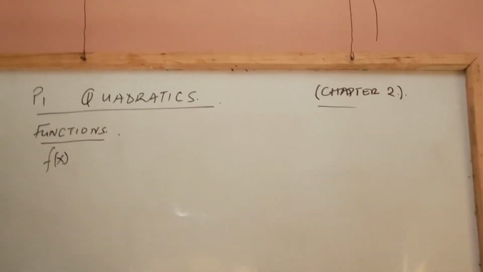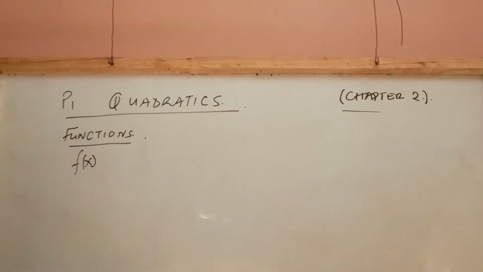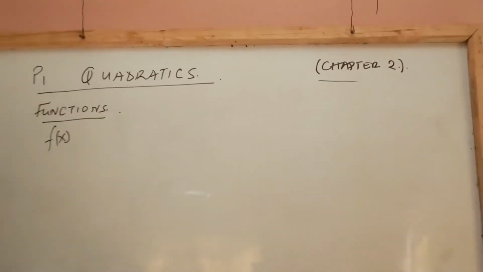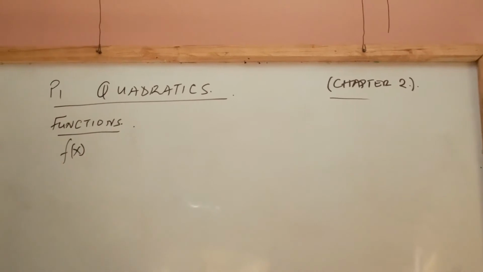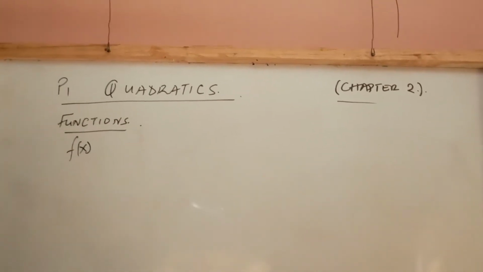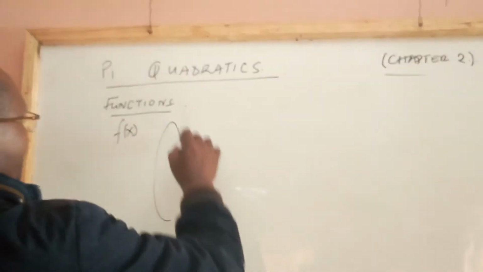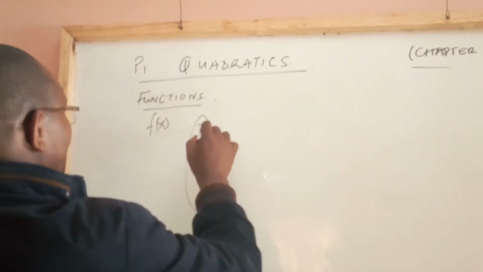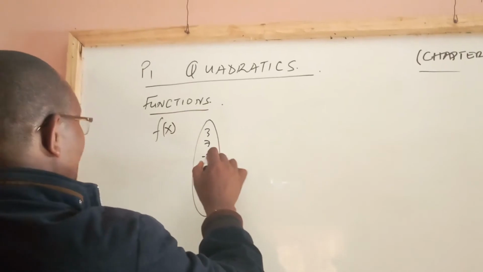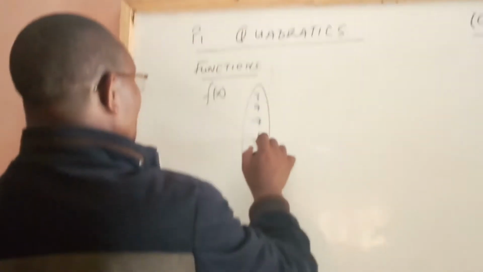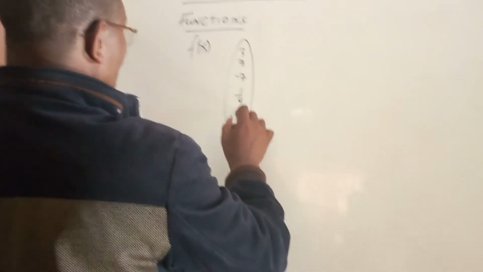The set of possible inputs for a function is called the domain, and the set of possible outputs of a function is called the range. The diagram shown here has 3, 7, minus 7, a quarter, and root 2.